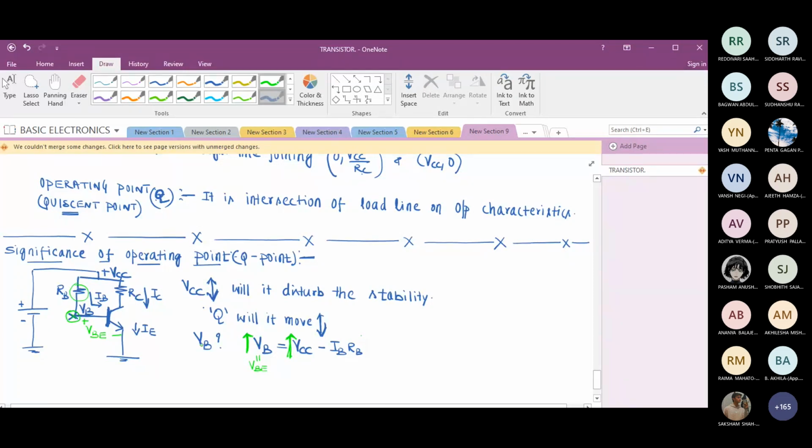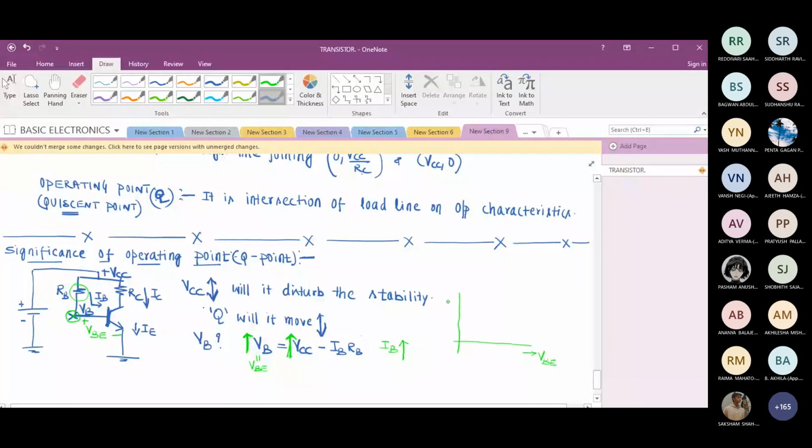What happens if the VBE value moves up? If VBE moves up, will the base current rise? Will IB increase? Yes, sir. Why does IB increase? Unless you revise, you may not understand.